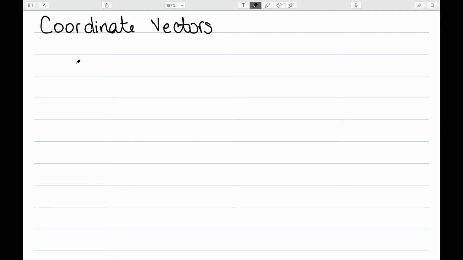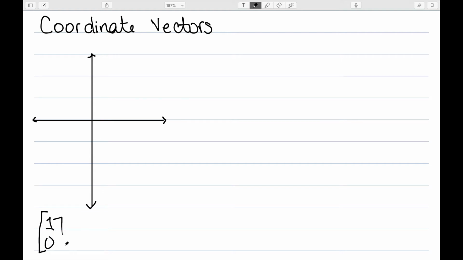In this video, I'm going to talk about the idea of coordinate vectors. So I'm going to start with my standard set of axes here in R2. And my standard basis for R2 is (1, 0), (0, 1), and this corresponds to the axes.